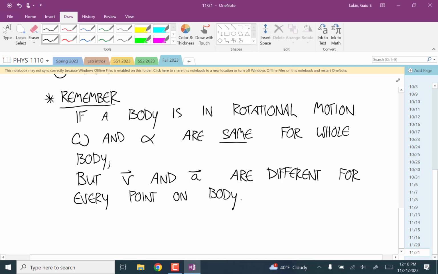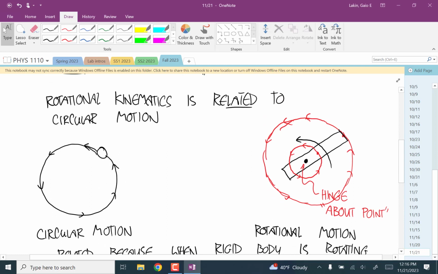Okay, so we'll get into a lot of questions where I'll tell you something about the angular velocity and angular acceleration, and then I'll say, what's the velocity vector of this point? What's the velocity vector of this point? What's the acceleration vector of this point? It makes sense if you think about one of these circular paths. So this outer circle, think about the motion of that point.